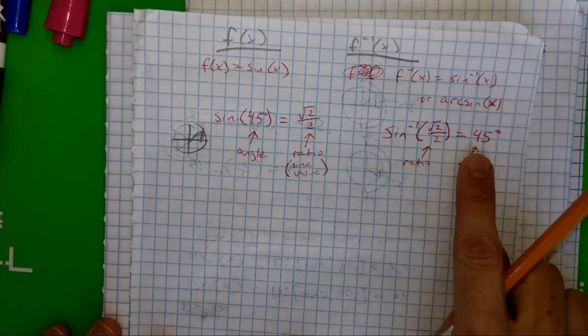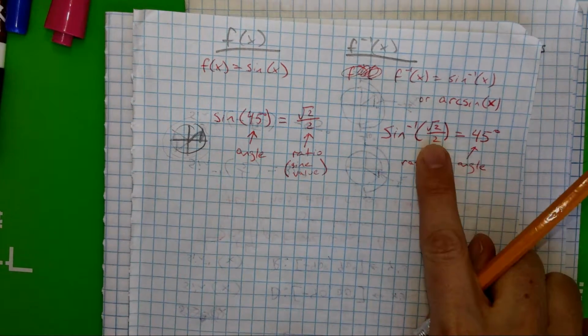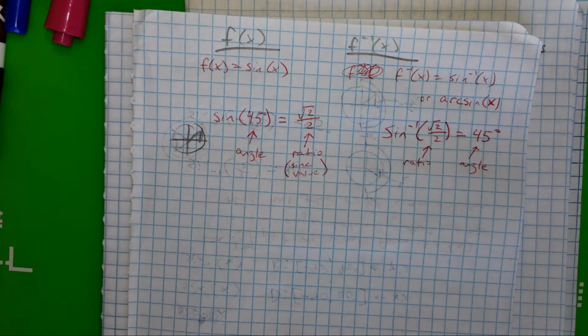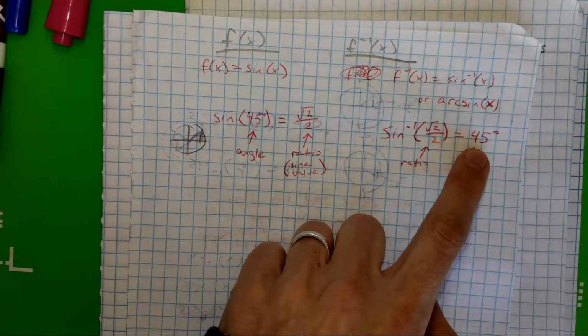So how do I know my answer here is supposed to be 45 and not 405 or 135? Not terribly much matters because they're coterminal. Anything you're going to do with them is going to end up with the same answer anyway. That's true. And so what we're going to do, and we'll talk about this later, is basically choose which output we want.